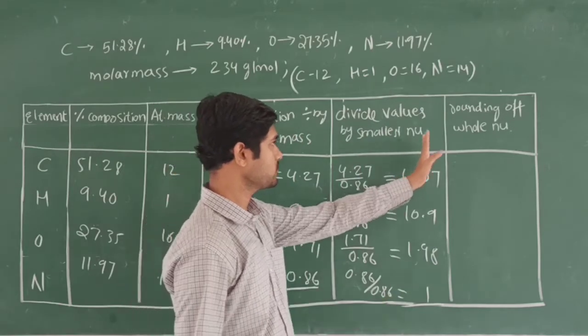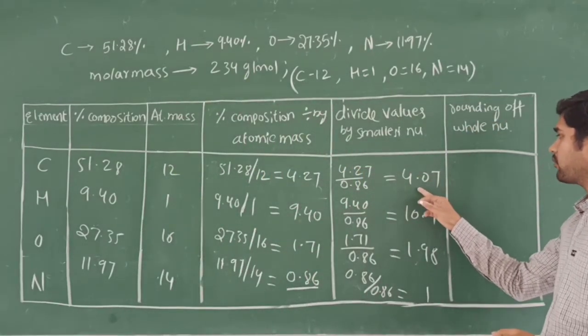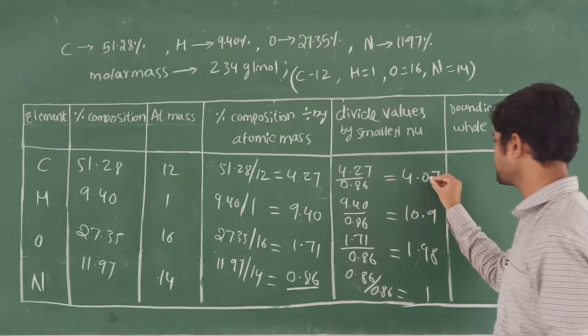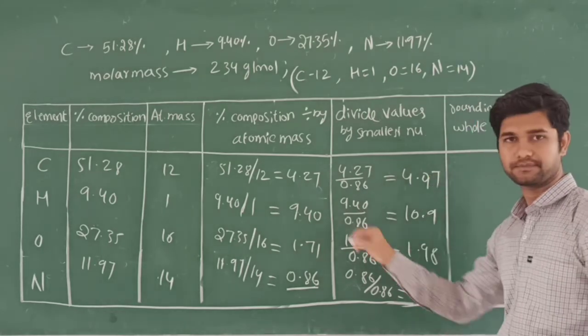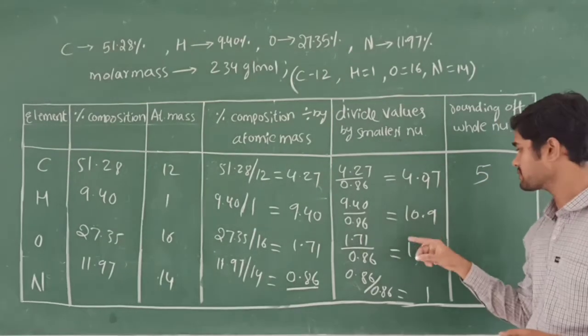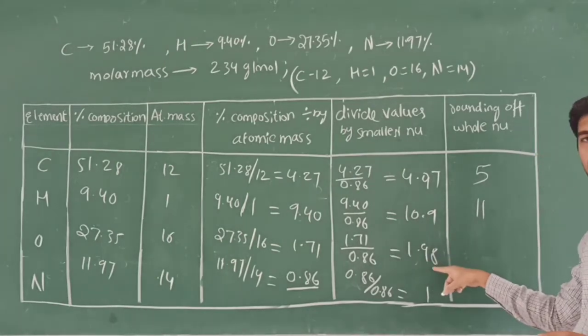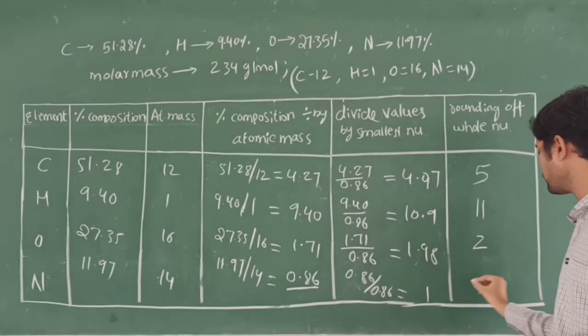Next, round off these numbers: 4.97 is rounded up to 5, 10.9 is nearly 11, 1.98 is nearly 2, and 1 stays as it is.